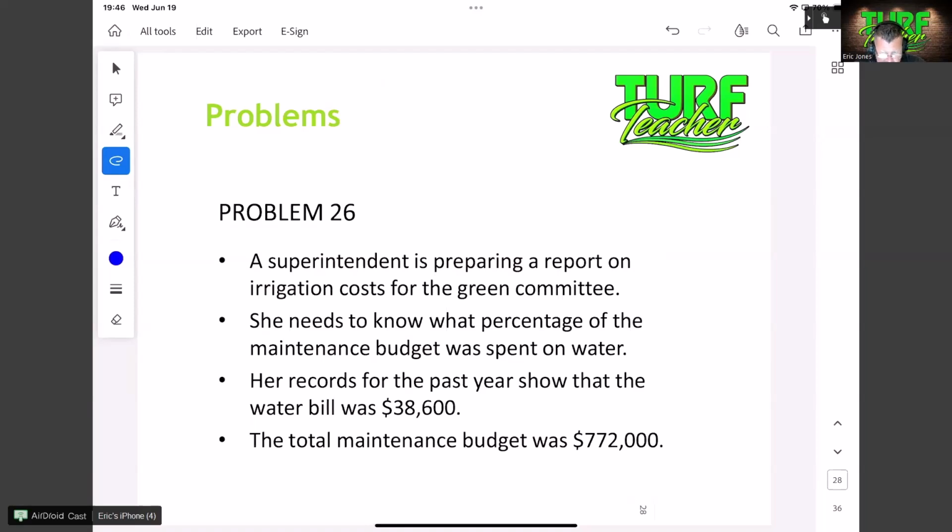The total maintenance budget for the whole project was $772,000. So basically, her water bill, 38,600, I'm going to divide that by the total maintenance budget. 0.05, basically 5%.